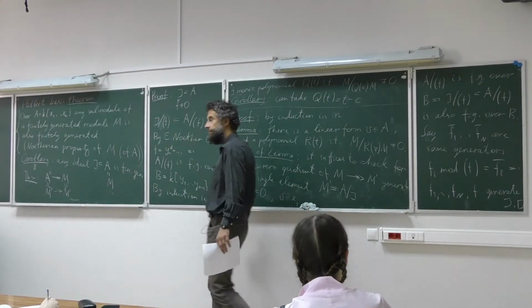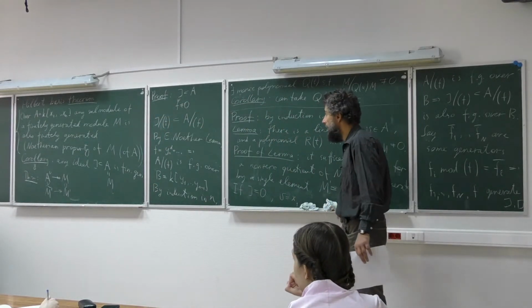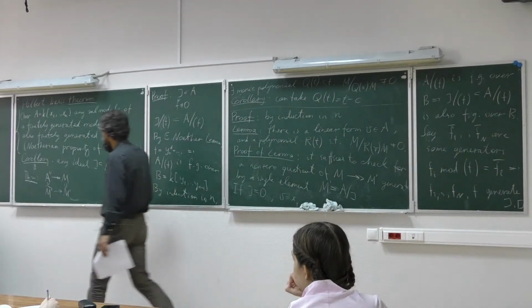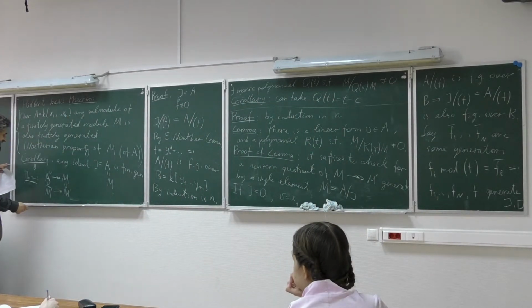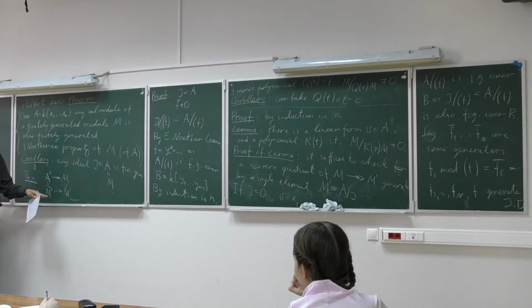Yes. Is the lower diagram equivalent to this theorem? No. This diagram should be erased and forgotten. It was just to hint how to deduce the theorem from this corollary. So the theorem is equivalent to the corollary, absolutely, yes.